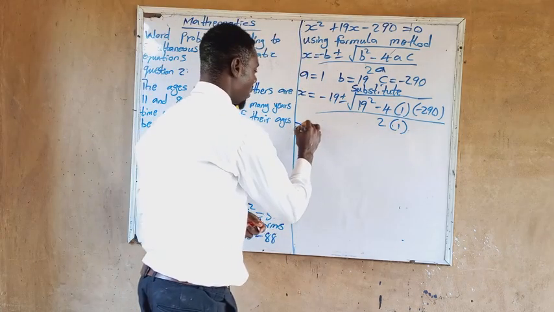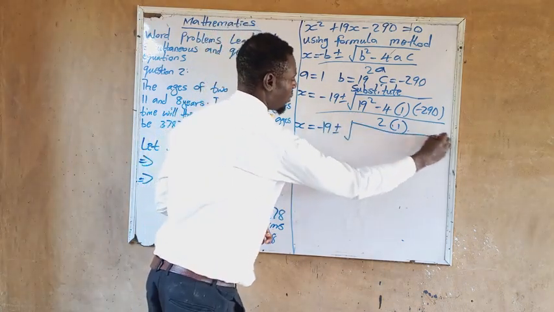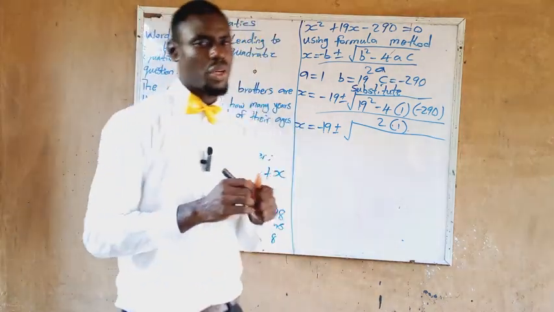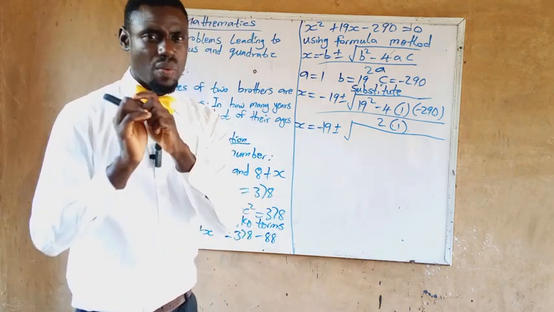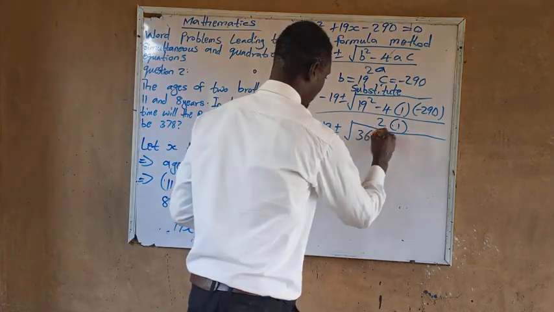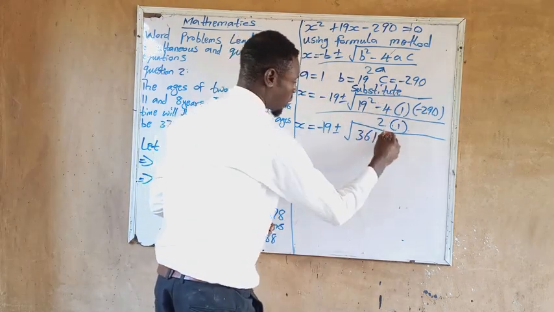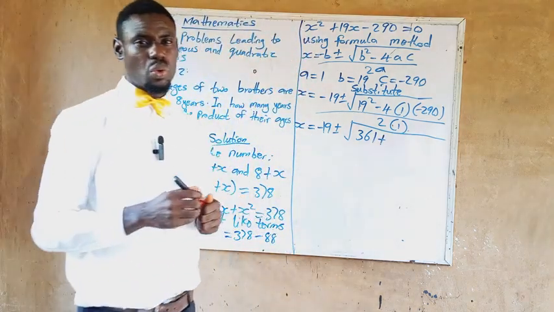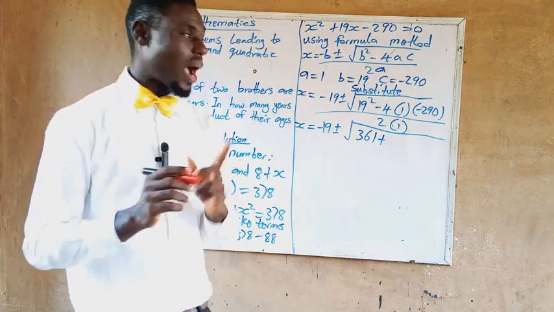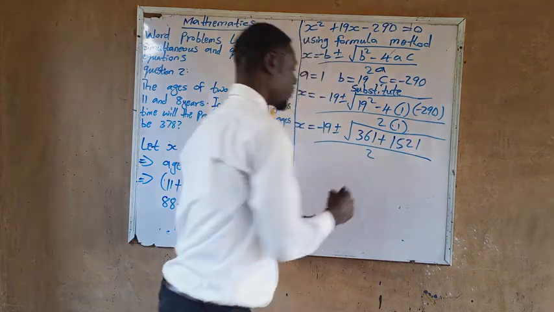Now 19 times 19 gives us 361. Minus times minus gives plus, and 4 times 290 gives us 1160, so we have 361 plus 1160, which is 1521, all divided by 2.